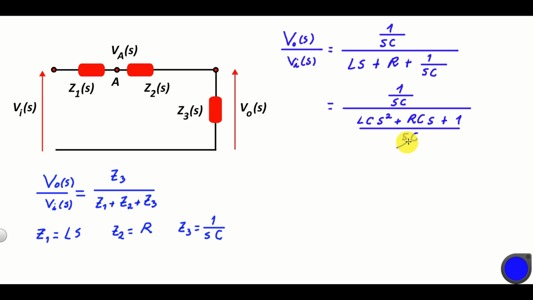Now we can actually cancel this term and this term, and as the result we obtain the final expression for our transfer function, which reads as following. We have 1 over LCS squared plus RCS plus 1. And this is our final transfer function. You can see how nicely this transfer function depends on the capacitance, inductance, and resistance.